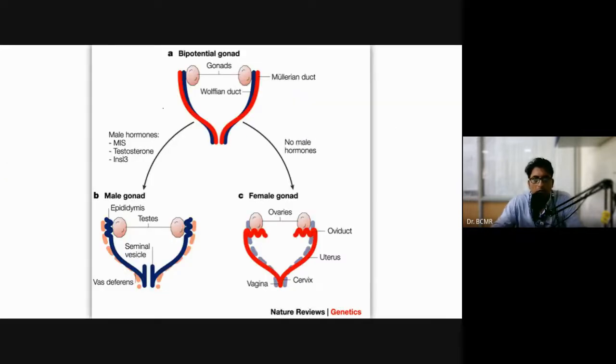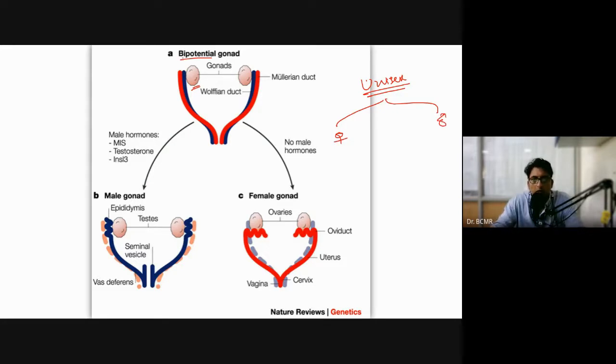So around or before the early trimester, some gonads are formed which are called bipotential, meaning that until then it is kind of unisex, in the sense that it can form either the ovaries or the testes.